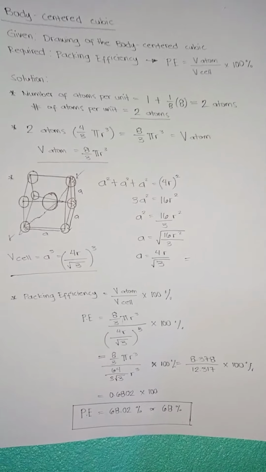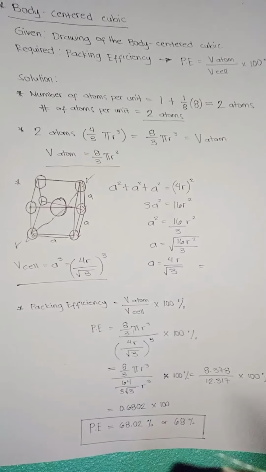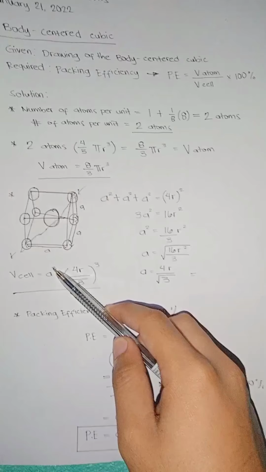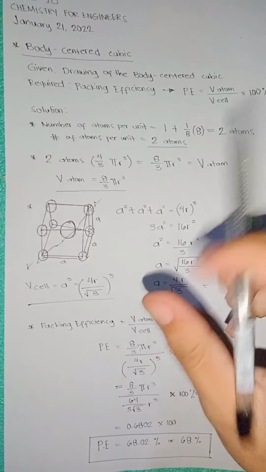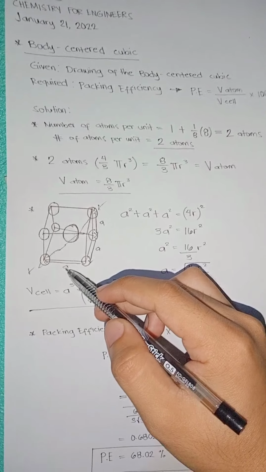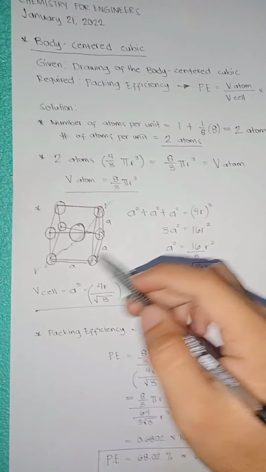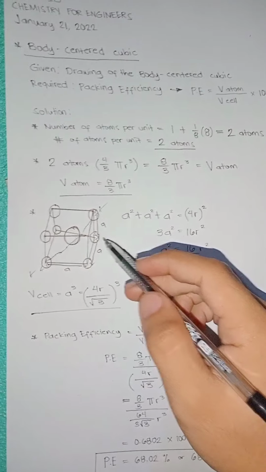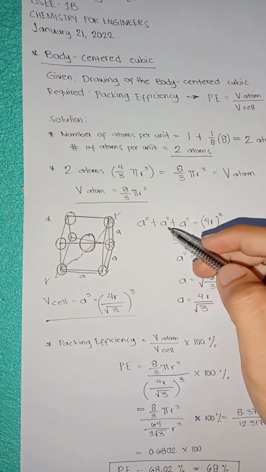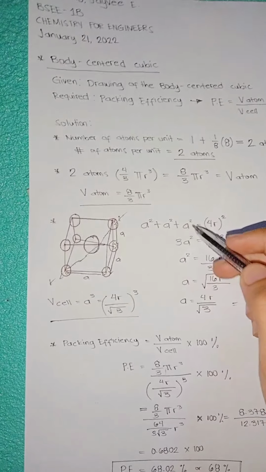Volume of cell is equal to a cubed. How? Let's say on this side, we have a and a. We can put this as a squared plus a squared plus a squared.